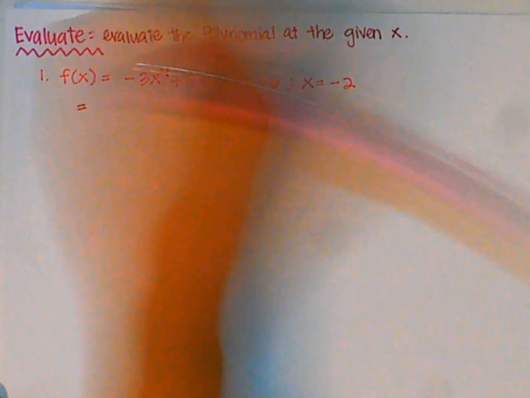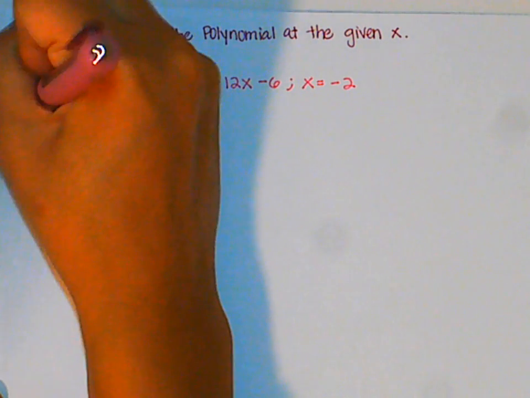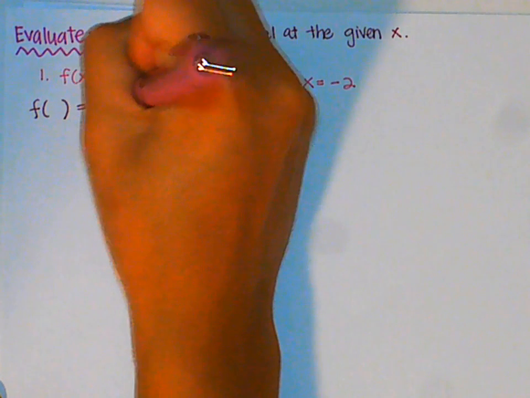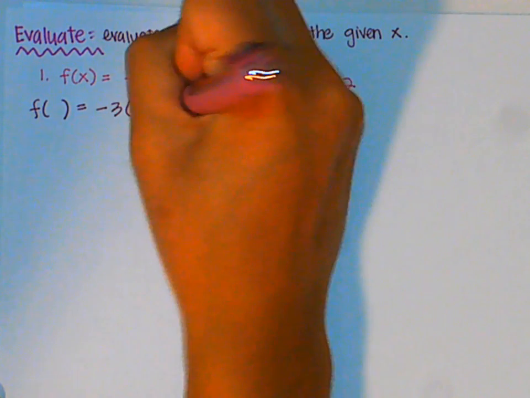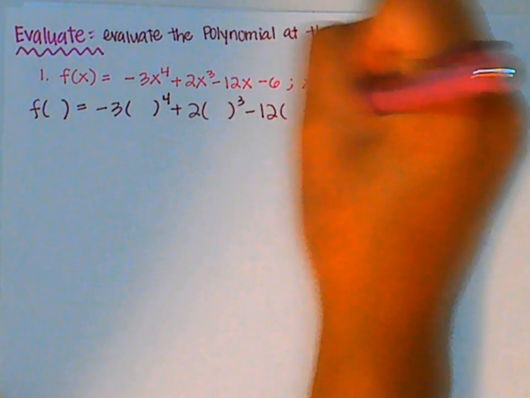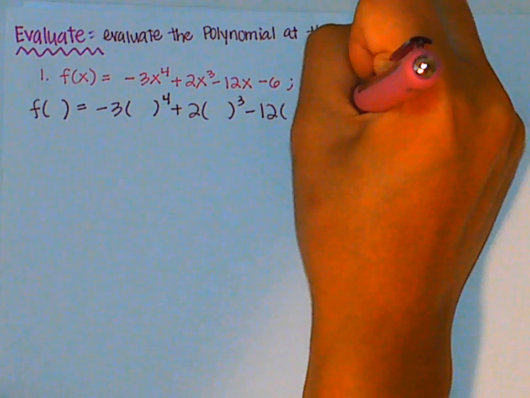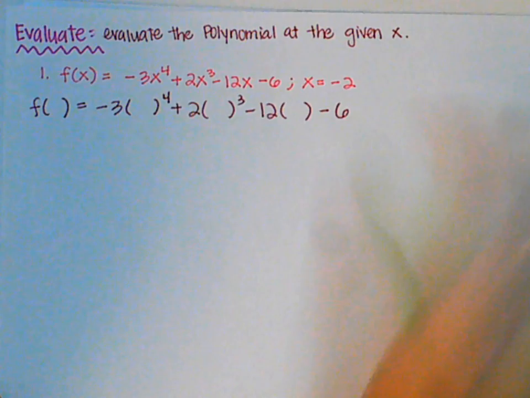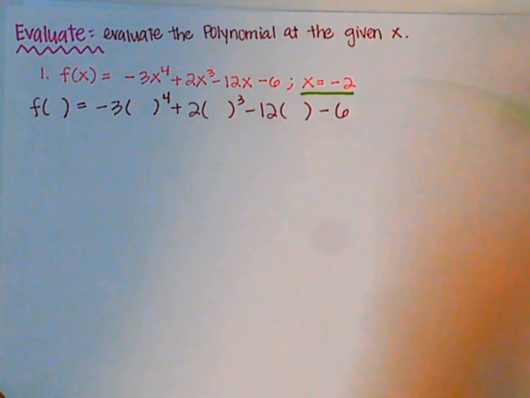So I'm going to say f of x equals -3x to the power of 4 plus 2x cubed minus 12x minus 6. And in place of all of those x's, I am going to substitute this x is equal to -2 here.